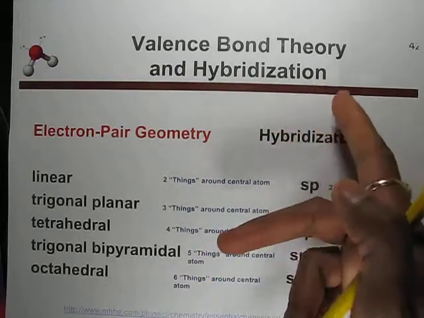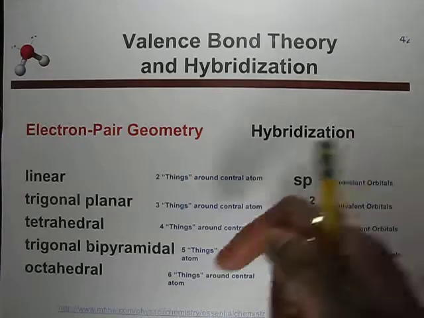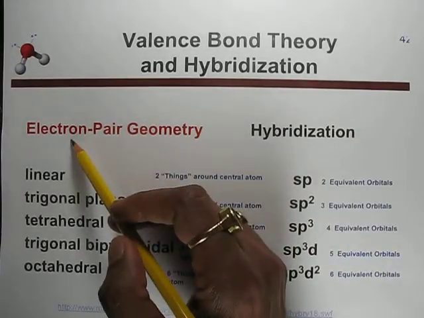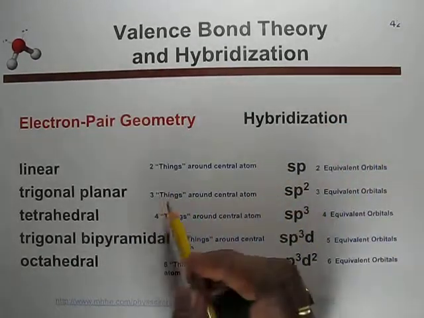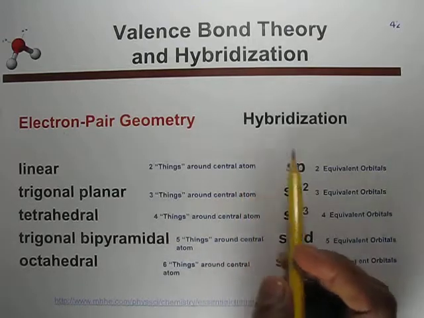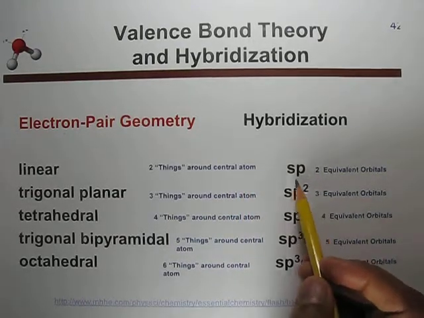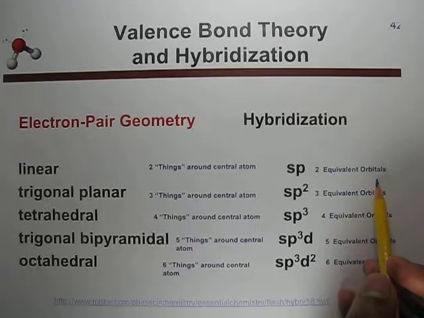The process is called hybridization, and the orbitals are called hybrid orbitals. When the electron pair geometry is linear, meaning there are two things around the central atom, sp hybridization occurs, giving two equivalent orbitals.